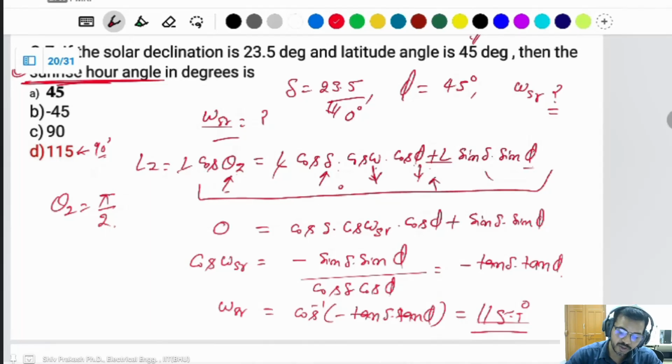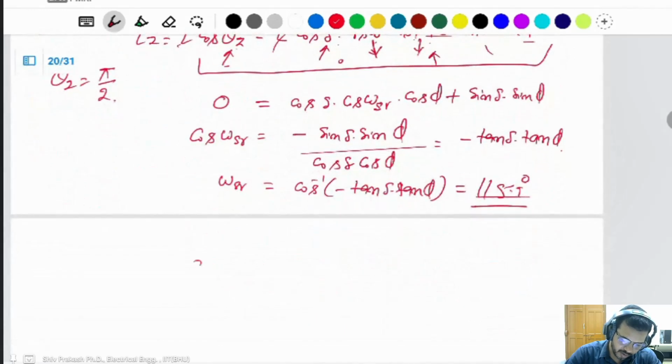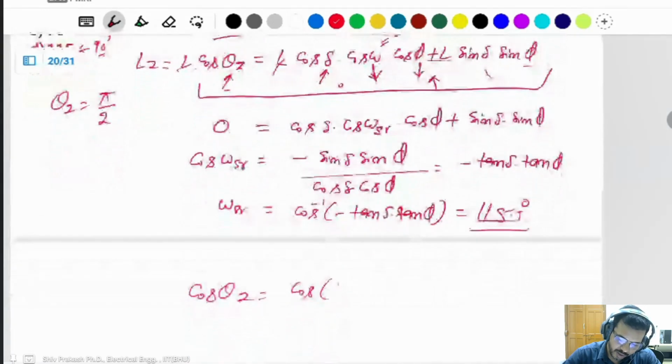If omega will be 0, if you take the peak time, noon time, at noon we measure this, omega will be 0 degrees at noon. That's why cos of theta z is equal to cos of omega times cos of phi minus del.